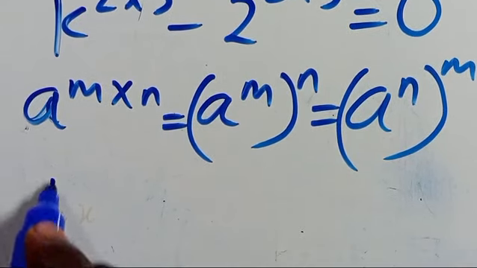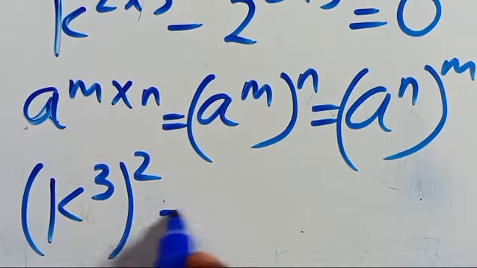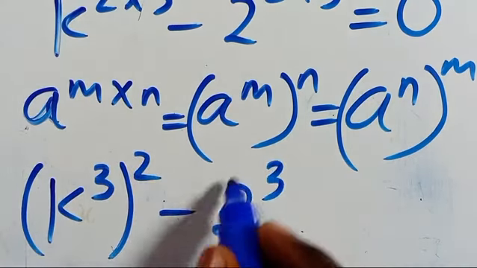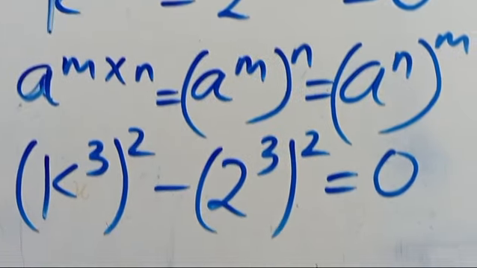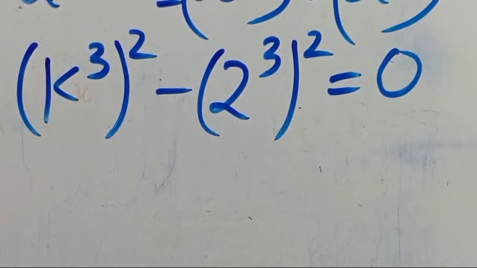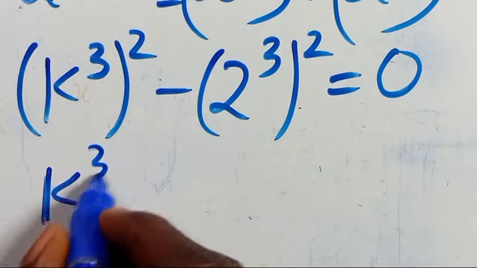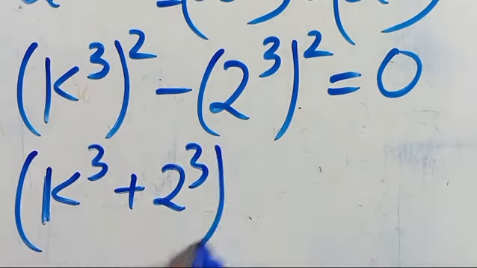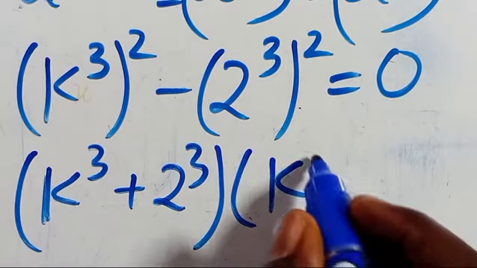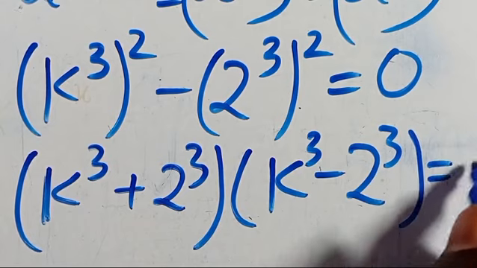So we can have this as k to the power of 3 in parentheses to the power of 2 minus 2 to the power of 3 in parentheses to the power of 2 equals 0. So from here, this is a perfect square. We can have this as k to the power of 3 plus 2 to the power of 3, multiplied by k to the power of 3 minus 2 to the power of 3 equals 0.